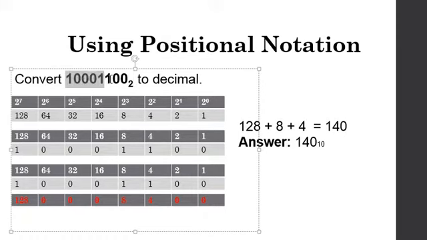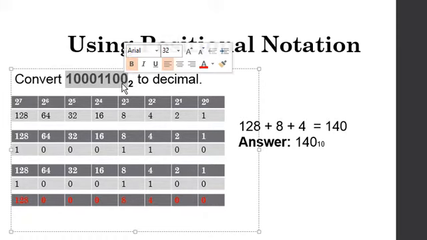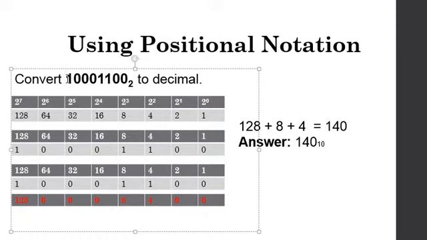You have to count how many digits your binary has. Let's do the counting. I have here 1, 2, 3, 4, 5, 6, 7, 8. In this case, I have 8 binary digits. Since you have 8 binary digits and your base is 2, first you will write down 8 number 2's.